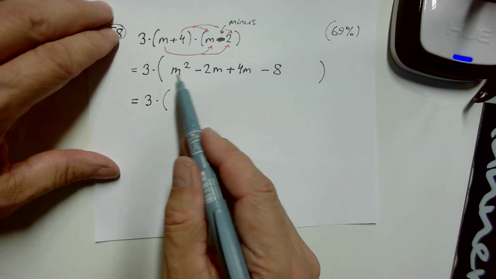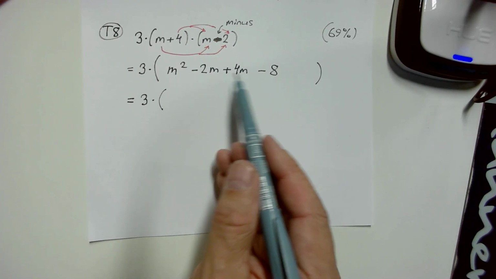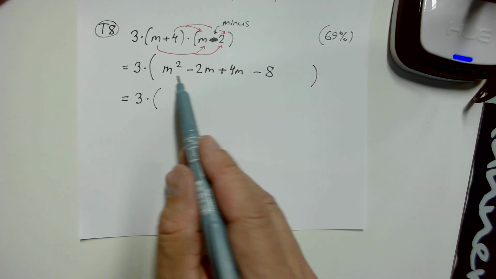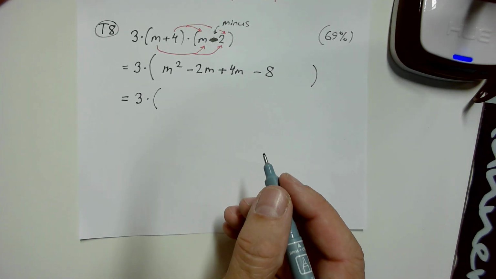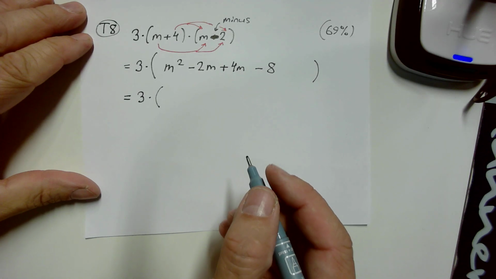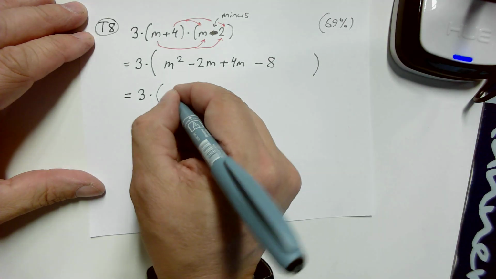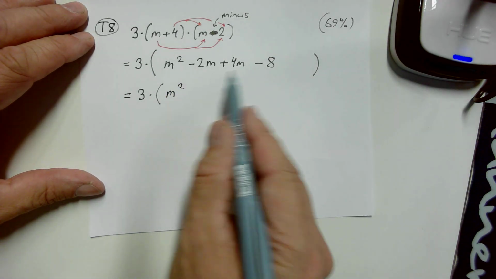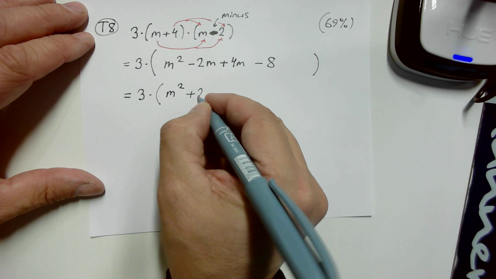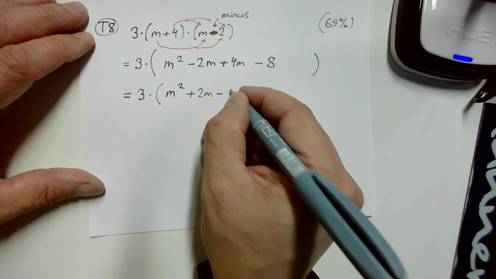And can we do something with this expression? Simplify it. M squared and 2m, yeah.